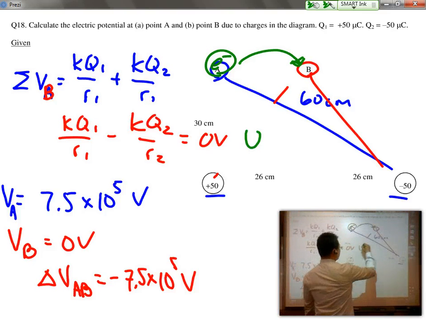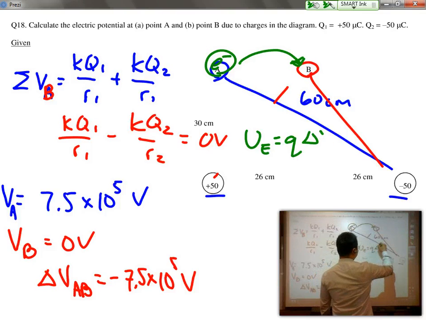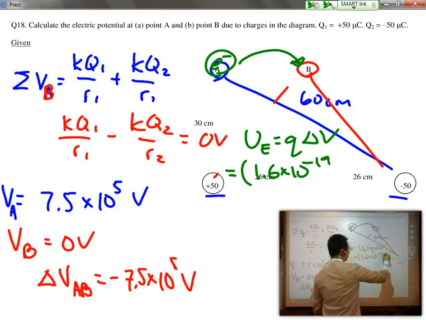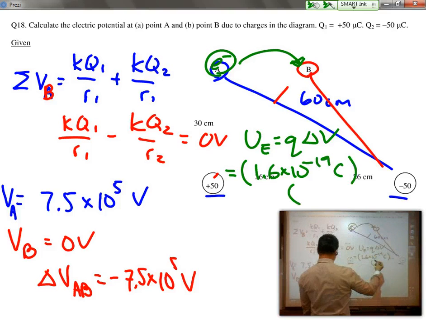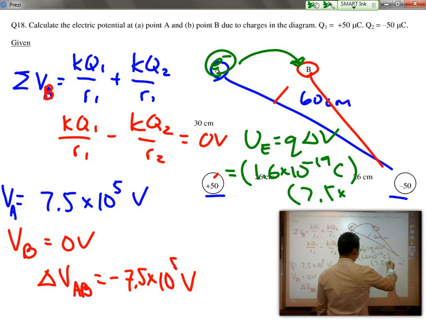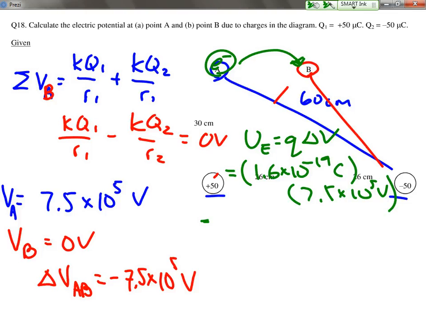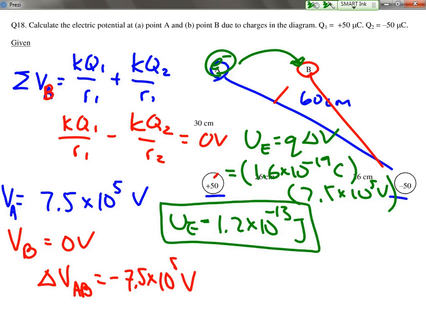Well, that would simply be UE equals Q delta V. So that would equal 1.6 times 10 to the negative 19 coulombs times 7.5 times 10 to the 5th volts. And that gives me a final answer of 1.2 times 10 to the negative 13 joules. Okay? So that's how you combine solving for the electric potential with solving for the electric potential energy.